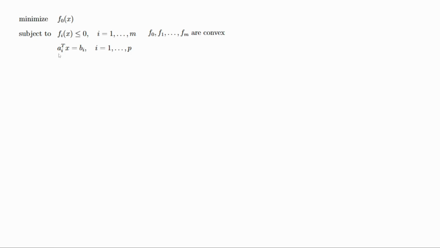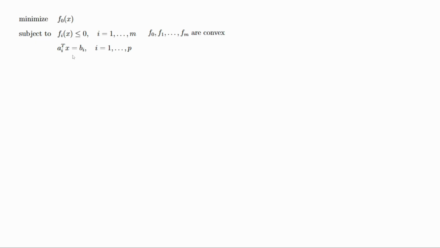The reason that the equality constraints must be affine is that if h of x equals 0, it's really saying h of x is less than or equal to 0 and negative h of x is less than or equal to 0. So in other words, h has to be both convex and concave, which forces it to be affine.